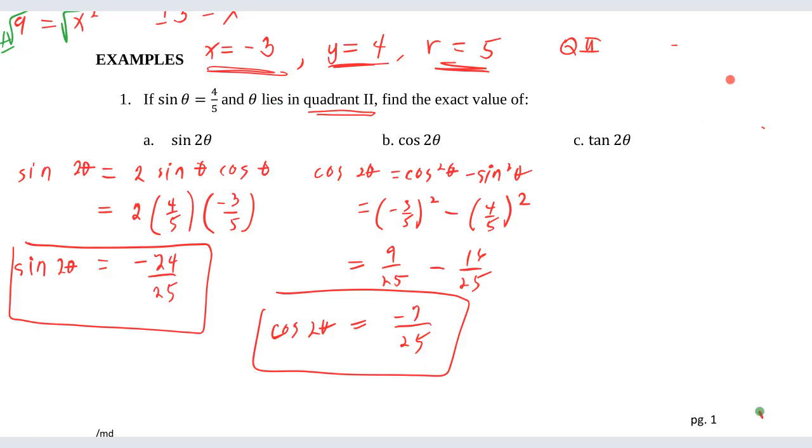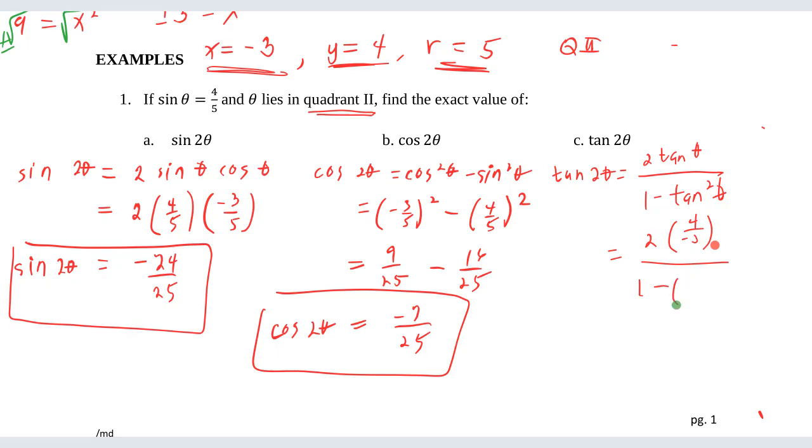We have tangent 2 theta equal to 2 tangent theta over 1 minus tangent squared theta. Again, by definition tangent theta is y over x. So that's going to be 2 times 4 over negative 3, over 1 minus 4 over negative 3, squared.